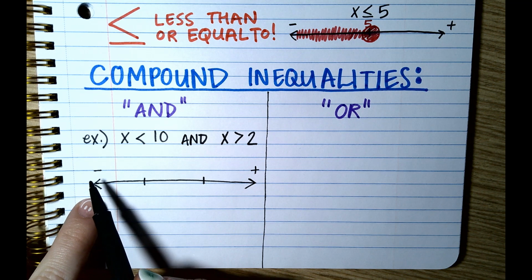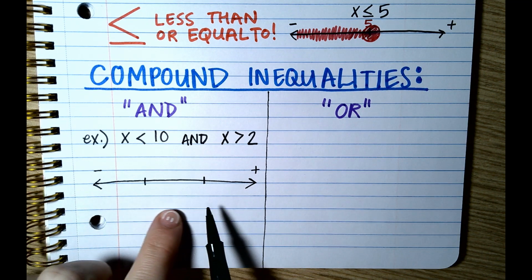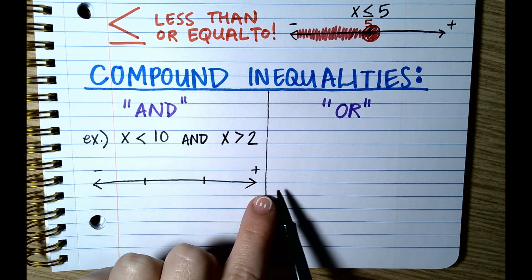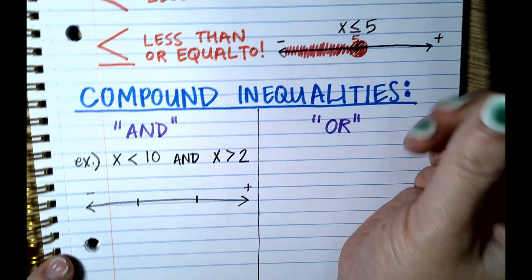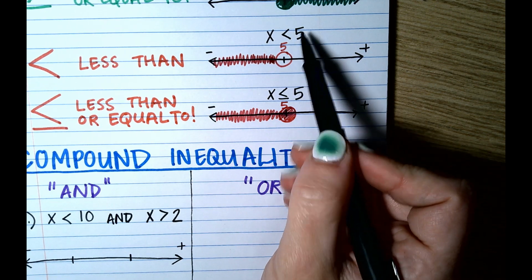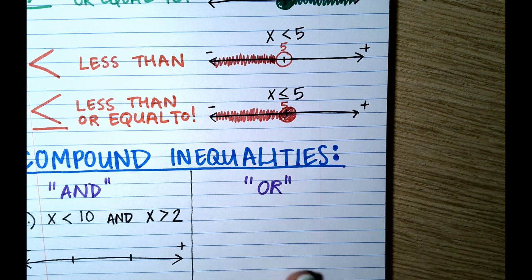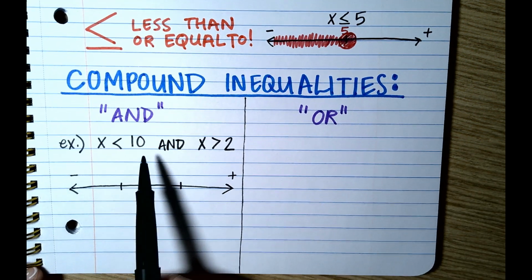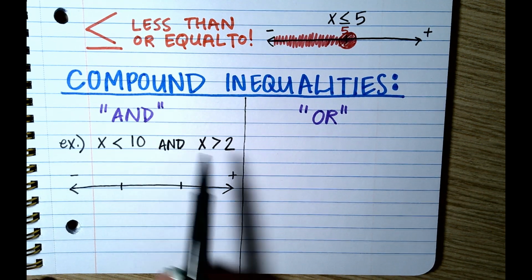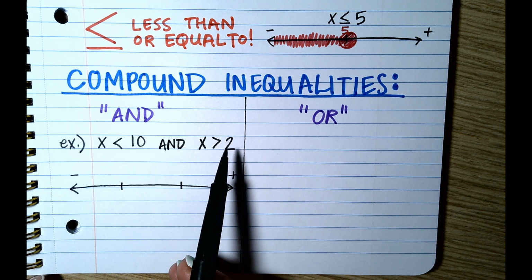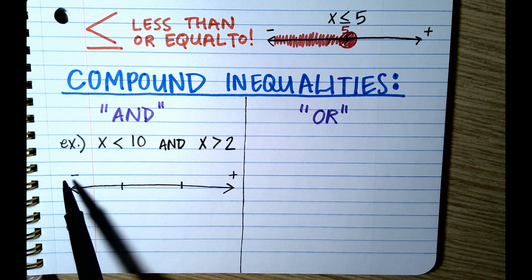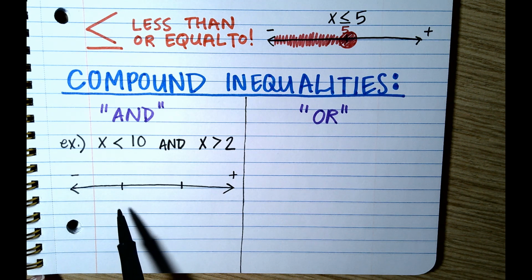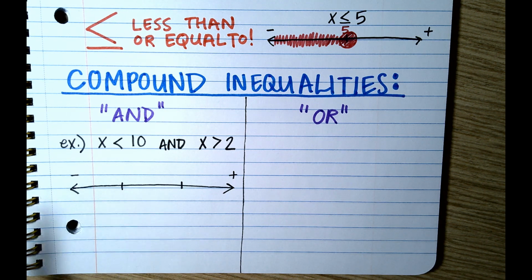We always start from the smallest, and we get bigger to the largest. So before we graph, like here, if we had the x is less than 5, we would just put 5 on the tick mark. Now we need to decide, where does 10 go and where does 2 go? Since we're starting with the smaller end, the smaller number goes first, always.